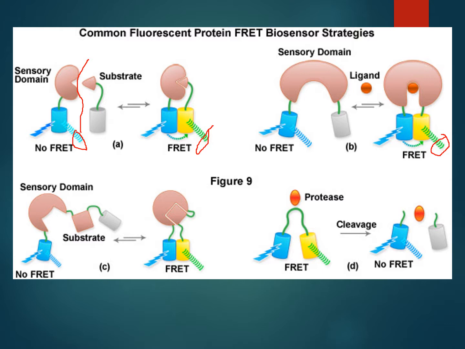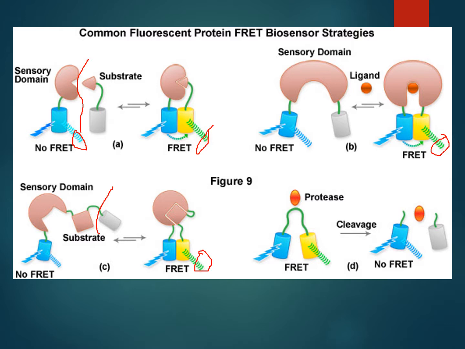Here's a domain with a substrate, and when that molecule is released, that's kind of held this square in check. The square is now free to bind into the domain, and you get a positive FRET.